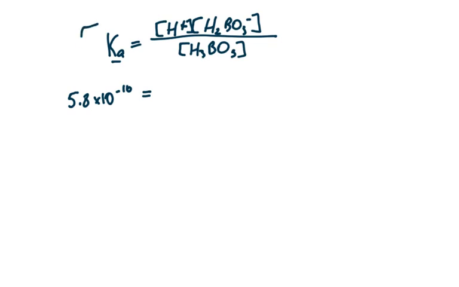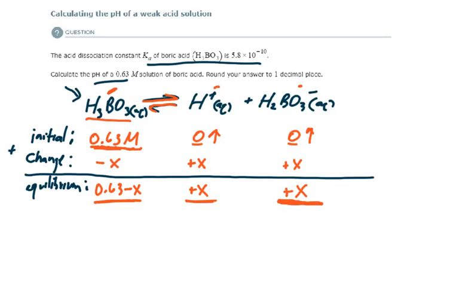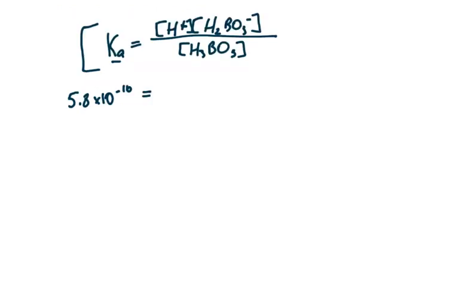Remember, this is the equilibrium expression for the ionization of boric acid, and equilibrium is the key word. So at equilibrium, the concentration of H plus is equal to X, and that's what I'm going to plug in here for H plus.